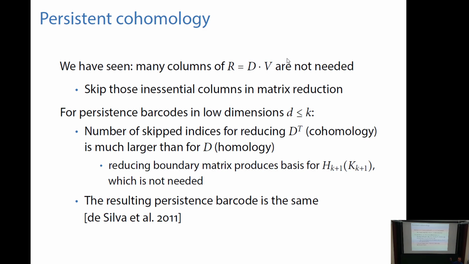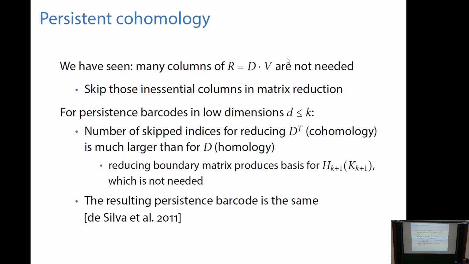Because you're cutting away all the k+1 simplices and you're left with k+2 simplices, and you're left with a large number of holes. And you're asking for this basis, you have to compute this basis, but you haven't even asked for this kind of information. And so this outweighs all the other benefits, and so in the end, if you apply clearing simply to persistent homology, you don't really gain anything.